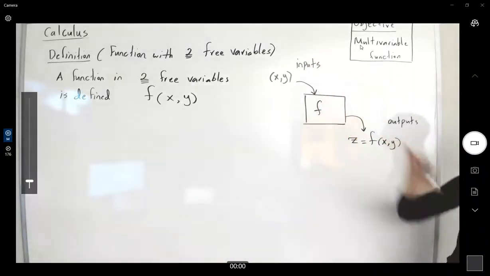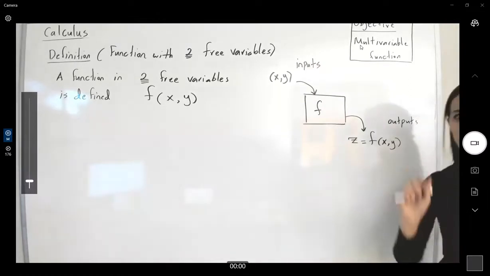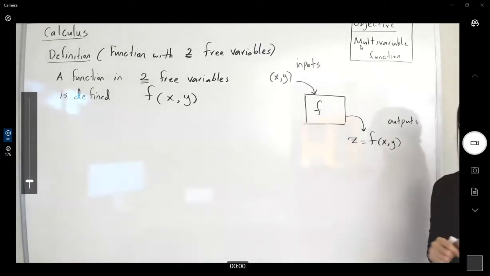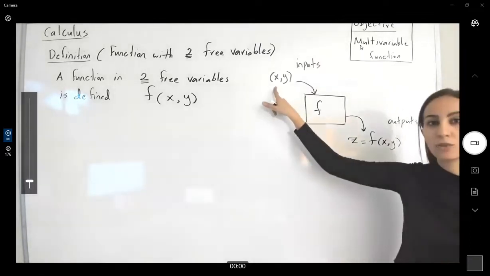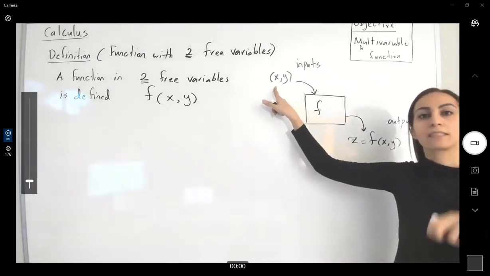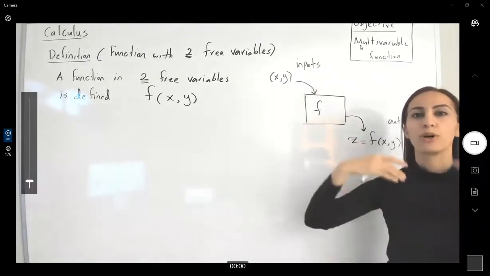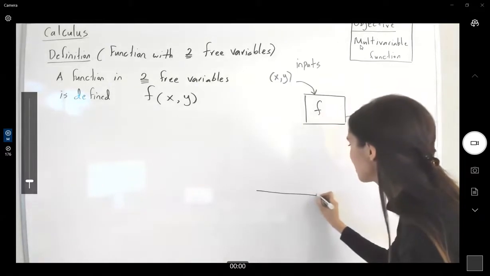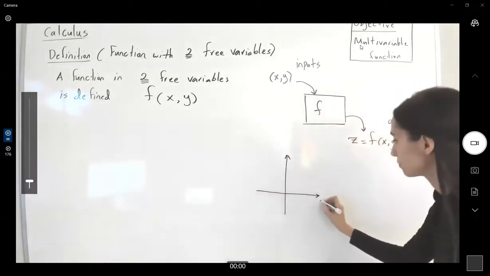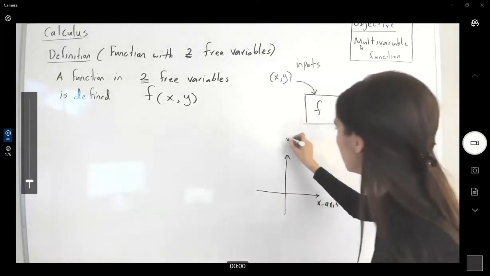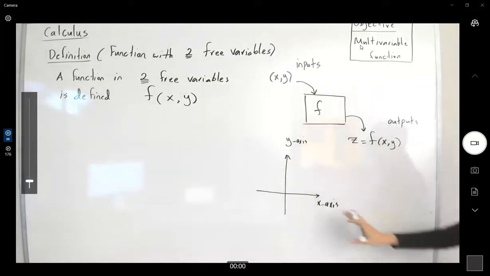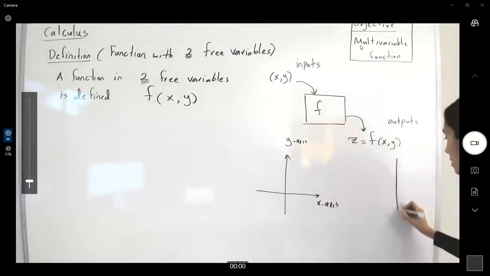Very good. So we have a machine. It takes on ordered pairs, x and y's, and it gives you some numbers like z. So remember that here you have ordered pairs, x comma y. So when you want to represent this function, you have to have the x, y plane. This is the x-axis, this is the y-axis. It takes on some points in x and y, and it maps them to the z-axis, z values.